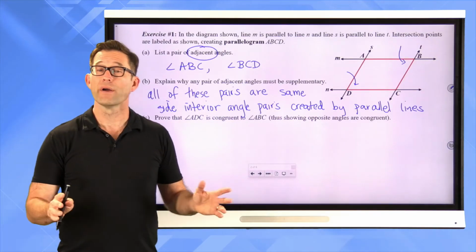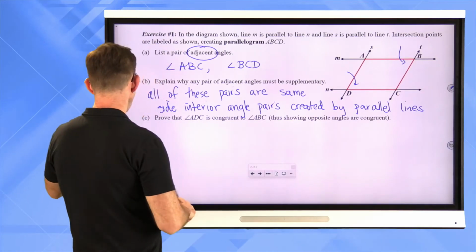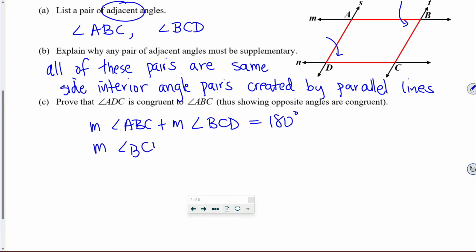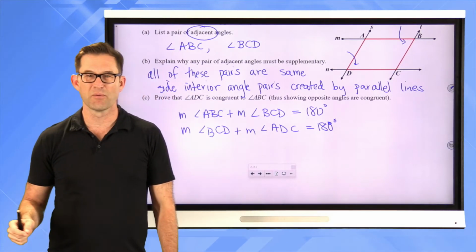All right, well, here's how I'm going to lay it out. I know that the measure of angle ABC plus the measure of angle BCD is 180 degrees. They are adjacent angles, they must be supplementary. I also know that the measure of angle BCD plus the measure of angle ADC is also 180 degrees, because they are supplementary.